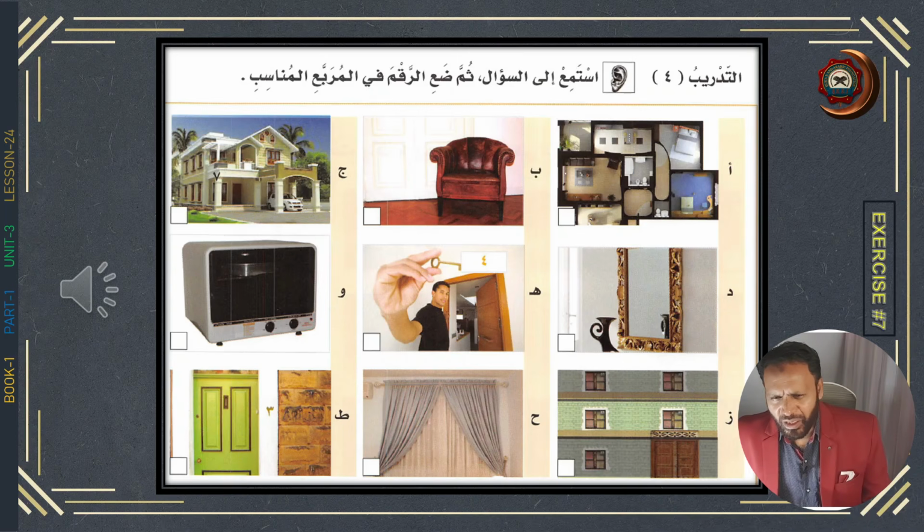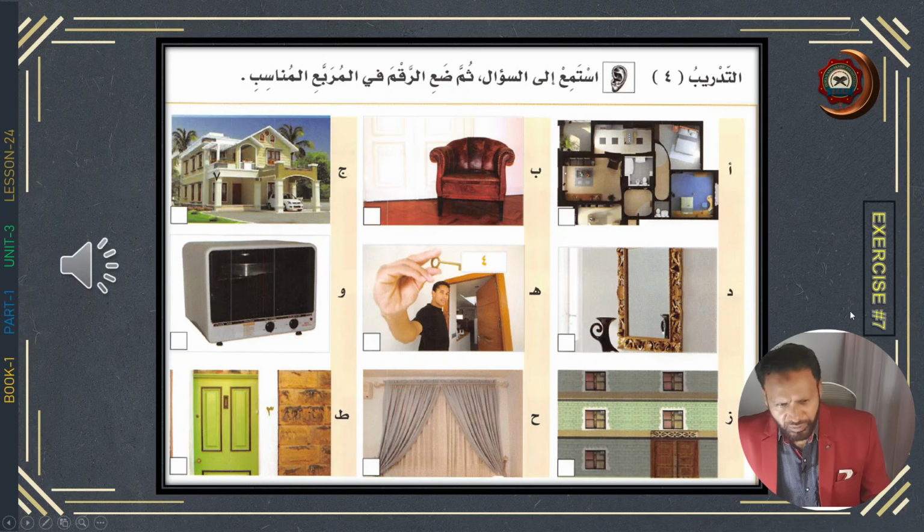No, it doesn't ask about the floor. It says flat number. What is your flat number? Which one is showing a flat with a number? Yeah, Ta. So that's the first answer.